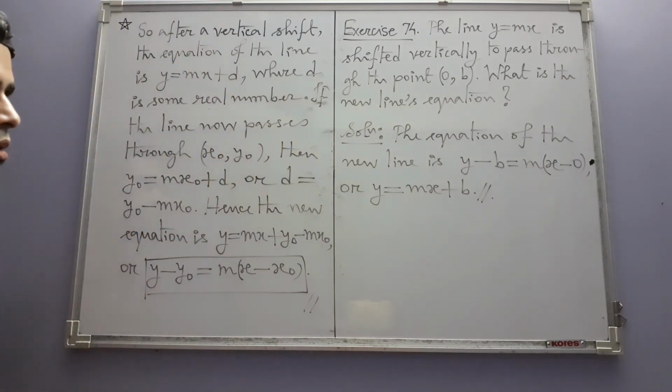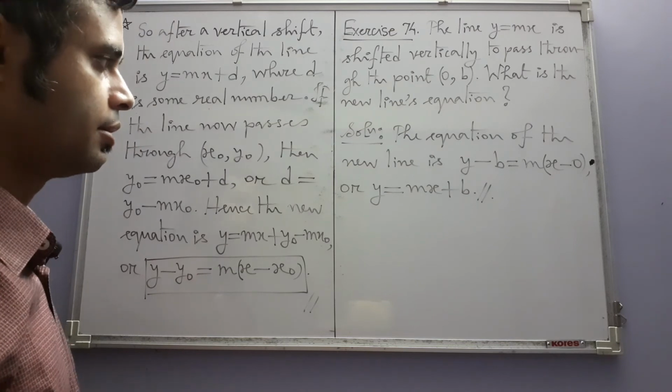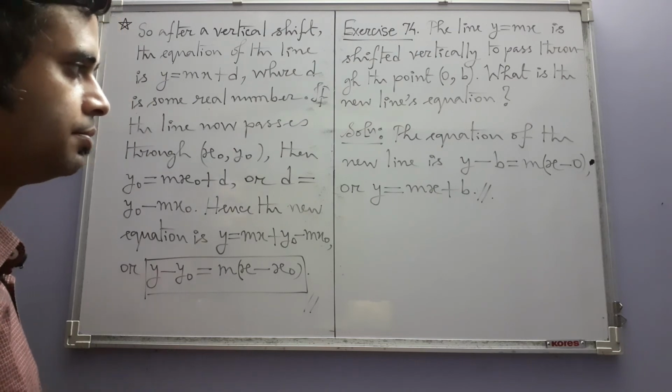So that is the equation of this line, which has slope m and it passes through the point 0, b.